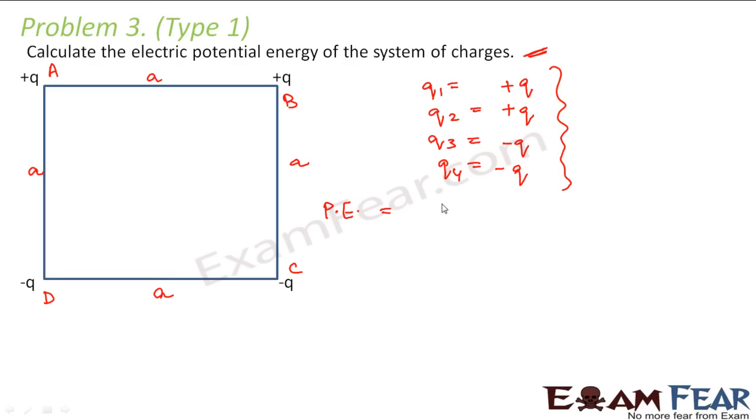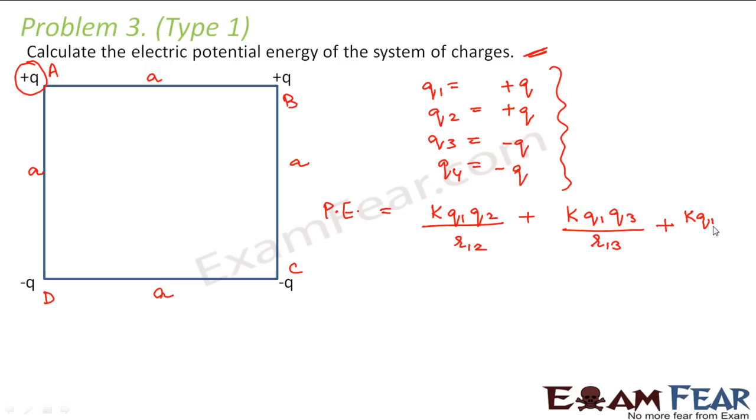It is again related to the potential energy of a system of n charges, which we used in the previous problem as well. Here also you will have to include the energy between each pair of particles. We first consider the first particle, Q1. So Q1 with Q2: K Q1 Q2 divided by R12. Now Q1 with Q3: Q1 Q3 divided by R13.